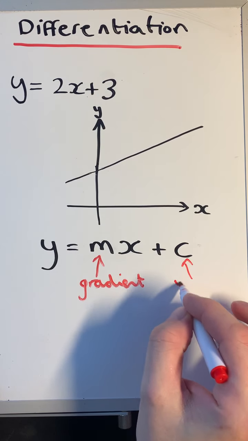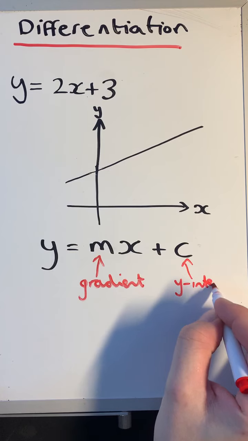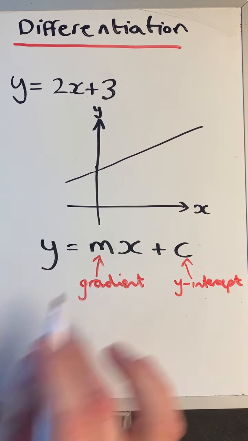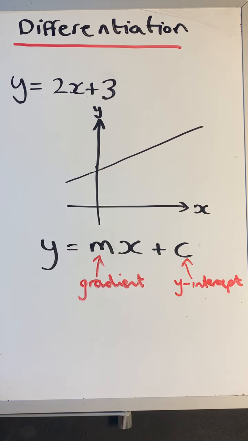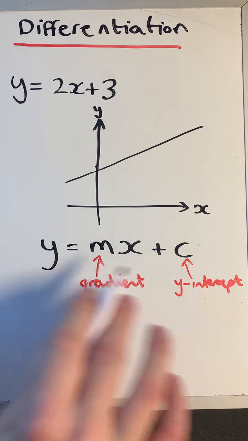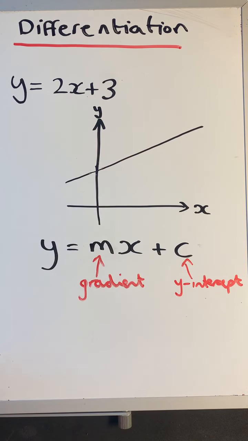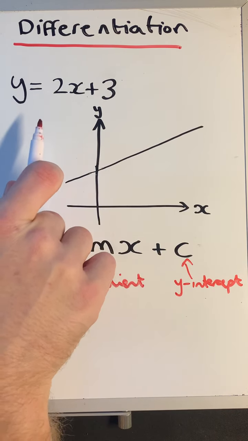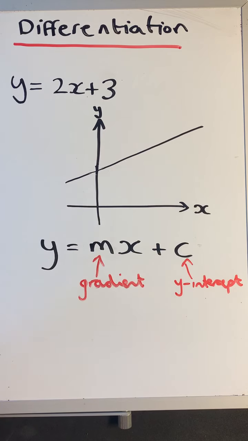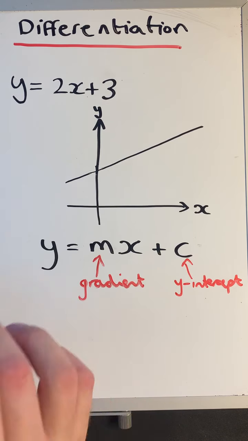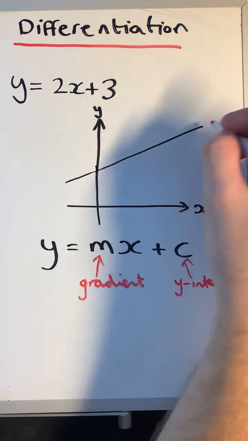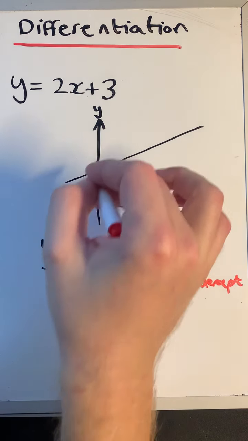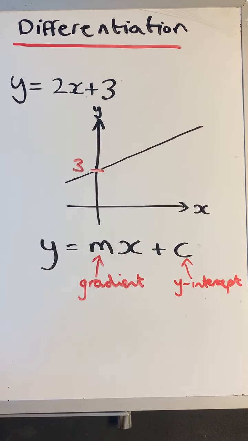c is what we call the y-intercept. This is where it crosses the y-axis, and y and x here are coordinates along this function. If we were to look at this function, y equals 2x plus 3, we could tell straight away that the gradient, the slope of this function, is 2, and the y-intercept where it crosses the y-axis is 3.